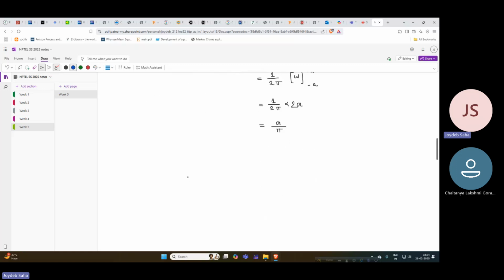Okay, let's move to the next question. Find the value of the integral from minus infinity to plus infinity of sin t divided by t dt.